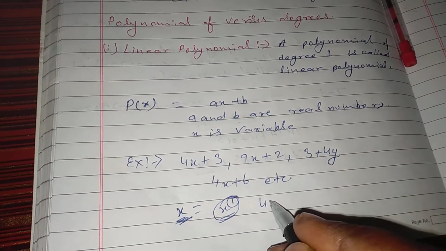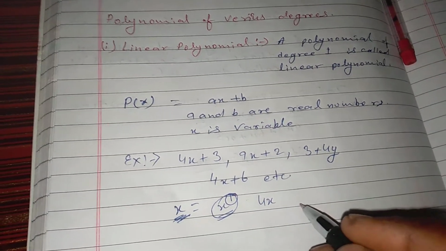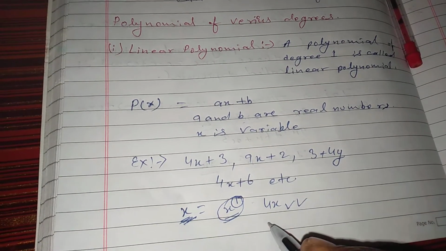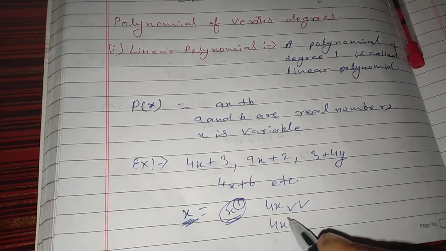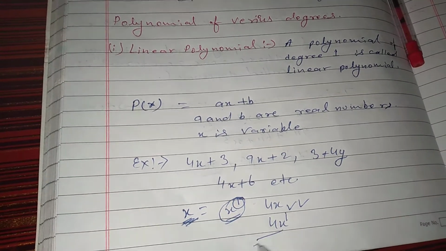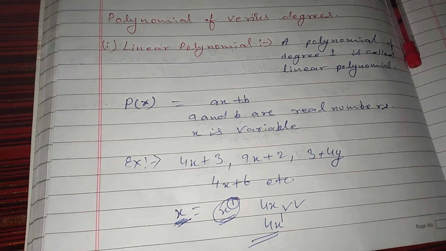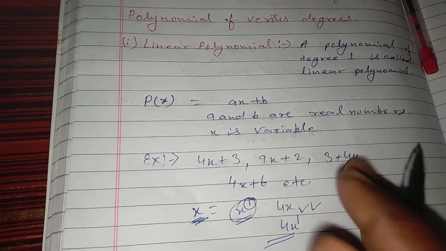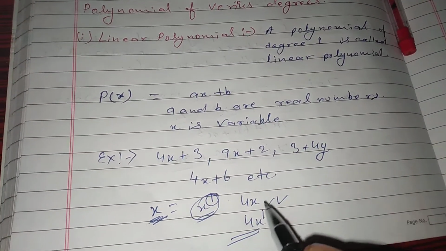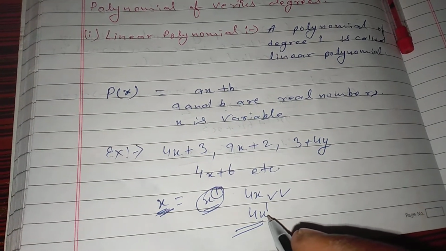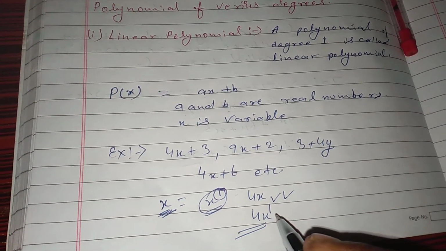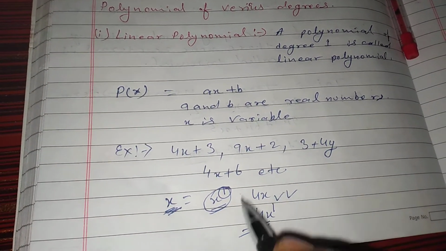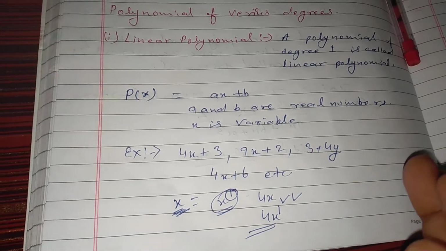Such as, if we write 4x, then it is right. If we write 4x to the power 1, it is not a proper writing method. Always, the power 1 of the variable is hidden everywhere.